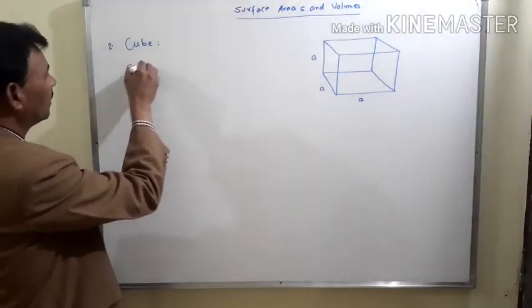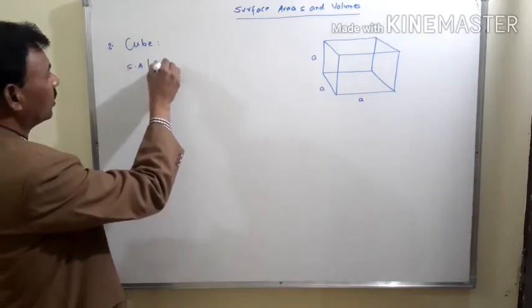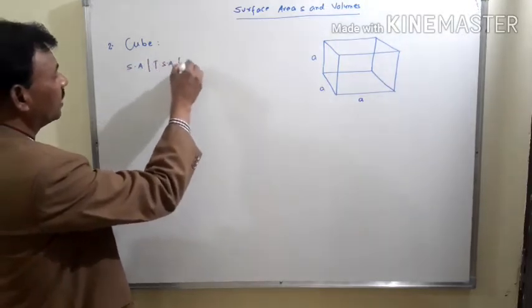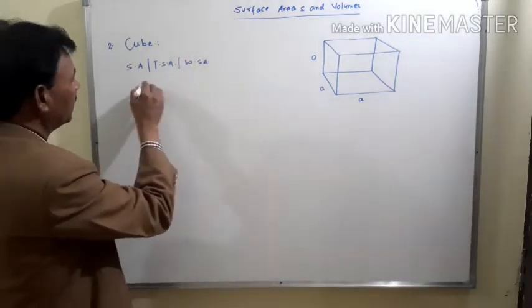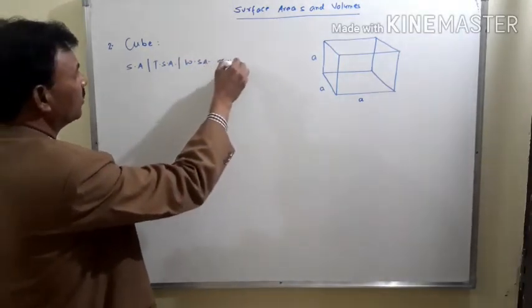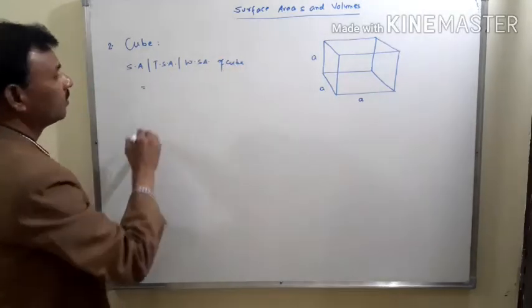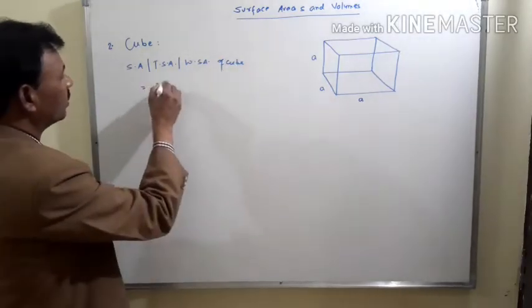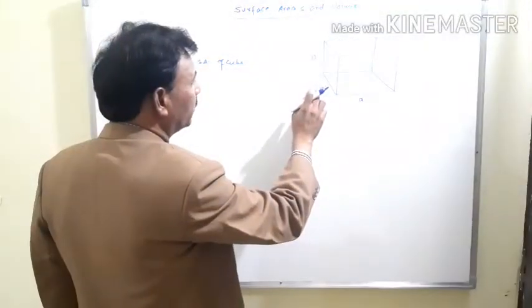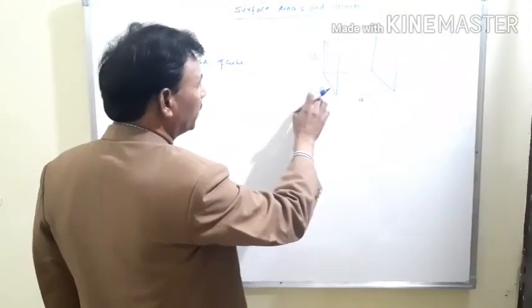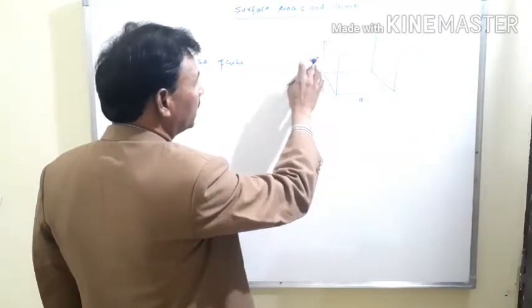Surface area, or total surface area, or WSA, whole surface area, of a cube is equal to 2 into (A into A plus B into length into width plus width into height plus height into length).